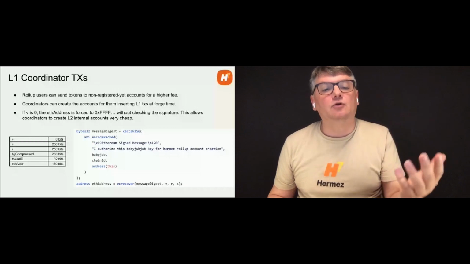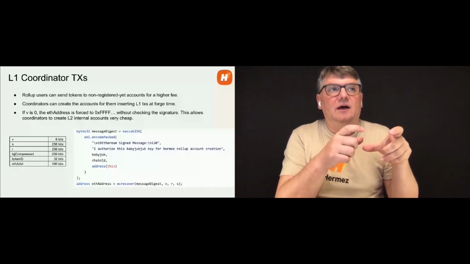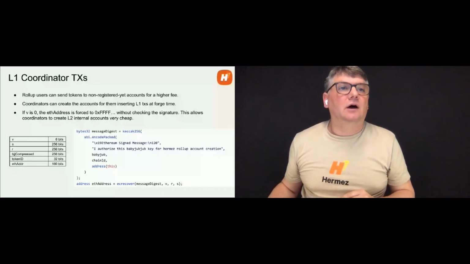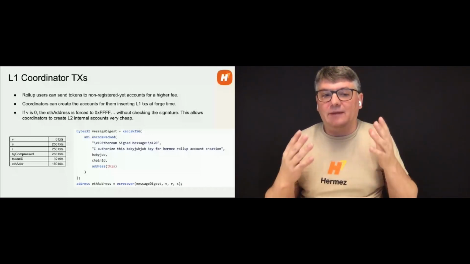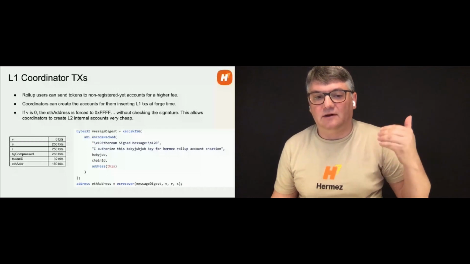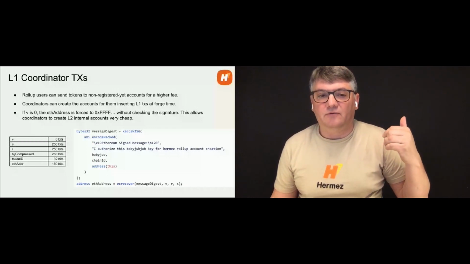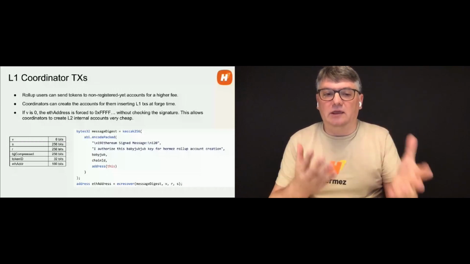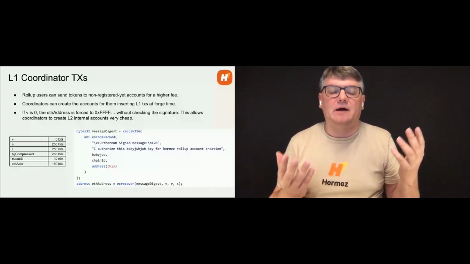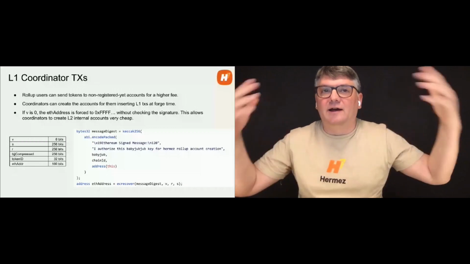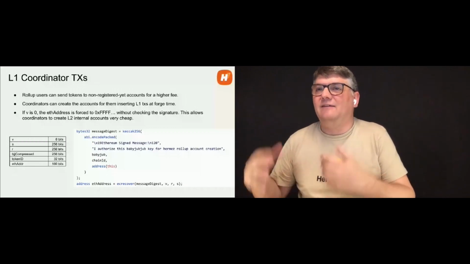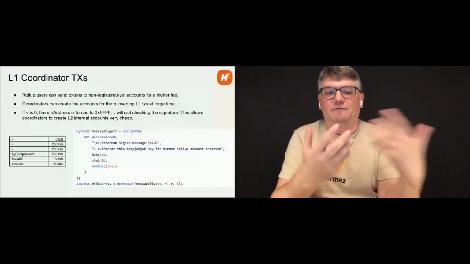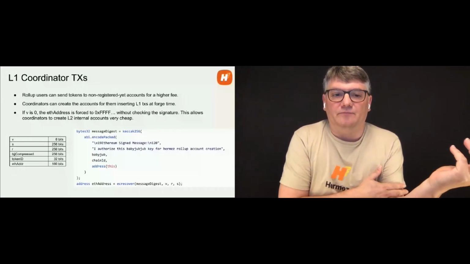Okay, and what do we include in this layer 1 coordinator transaction? Well, we include a signature. This signature is generated by the receiver, especially to link the Ethereum address and the Baby Jub address. It's a kind of "I authorize this Baby Jub key for Hermez rollup account creation." You are signing, so you are proving in some way that you own this Ethereum account.